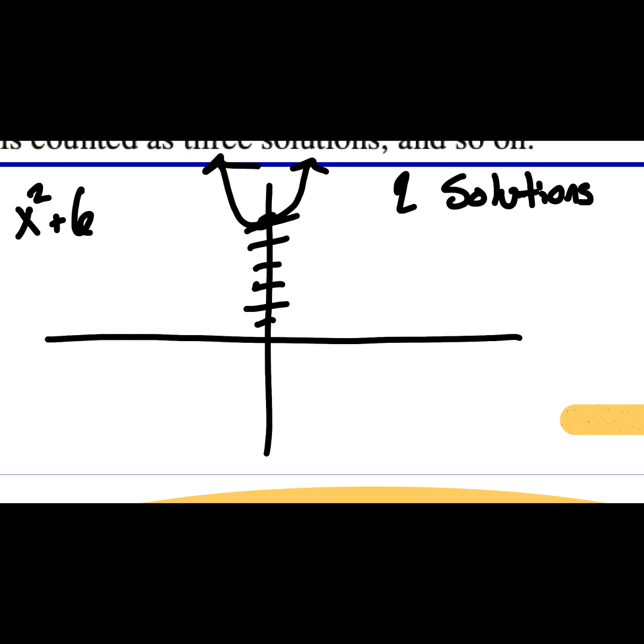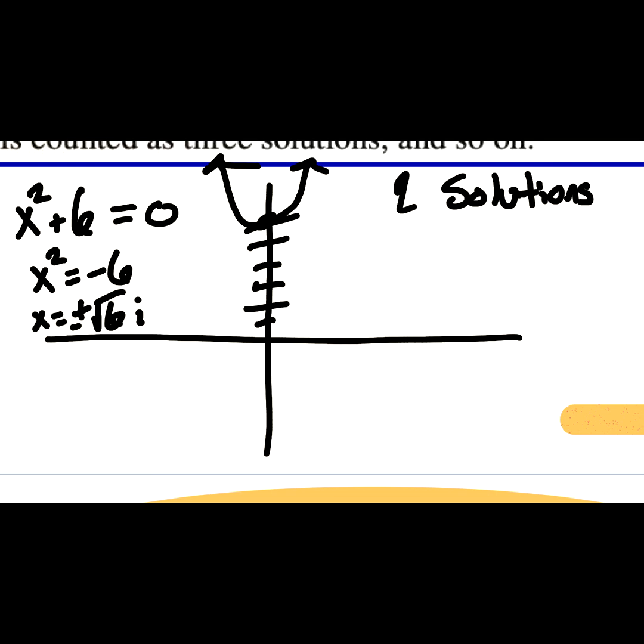Now, what is the problem with saying that right now? What kind of solutions will they be? If we were to solve this for our solutions, what kind of solutions would these be? Imaginary. Now, one rule that's extremely important to keep in mind is when we are counting solutions, anytime we have imaginary solutions, they always come in pairs.